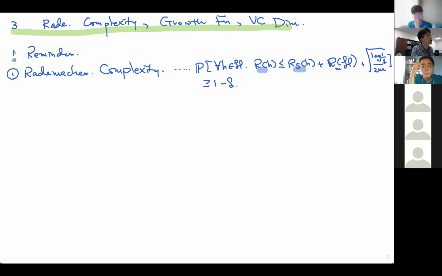And you see the importance of Rademacher complexity here, because we want to state this type of bound not just for a single hypothesis, but for every hypothesis in our hypothesis class. And that's what we just derived.